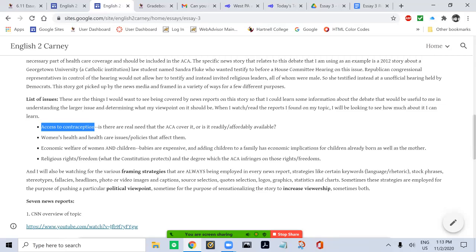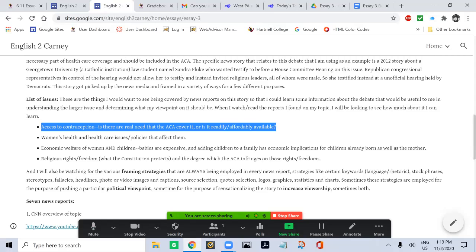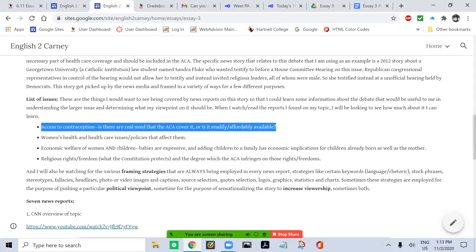Access to contraception. Is there a real need for the ACA to cover it, or is it readily affordable? Because if it is, then there's no need to impose on the religious freedom of other people. Okay, if women can just get it, this is part of the balancing act we need to do in our society and in our politics.